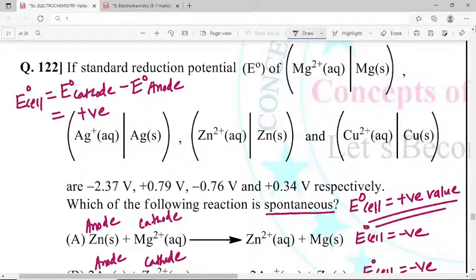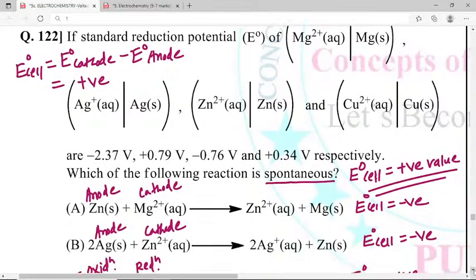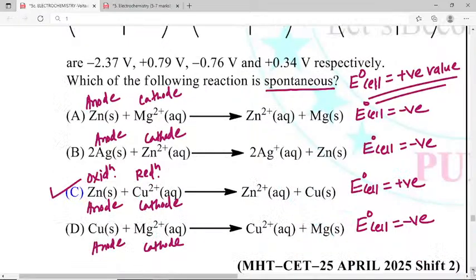It should be positive for spontaneous reaction. Okay. Are you able to solve question number 112, 122, 122? Anode, cathode mentioned there. Put the value cathode minus anode. Value should be positive. E naught cell should be positive. Okay.